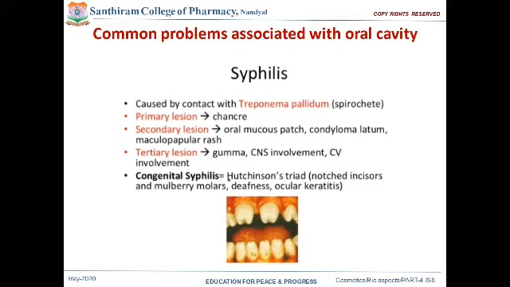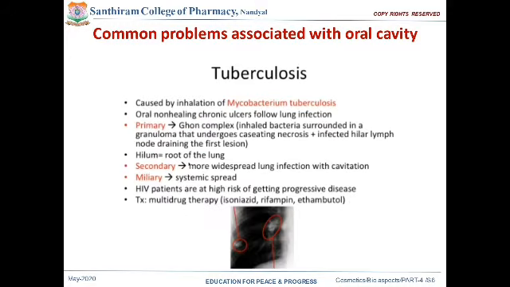Those two things affect the teeth, deafness affecting the ears, and ocular keratitis affecting the eyes. So the triad refers to teeth, eyes, and ears being affected in a baby born to a mother with syphilis, and that's pretty rare but can occur.